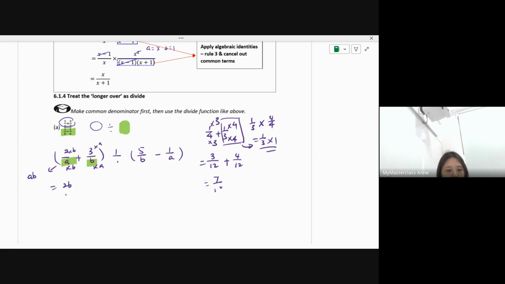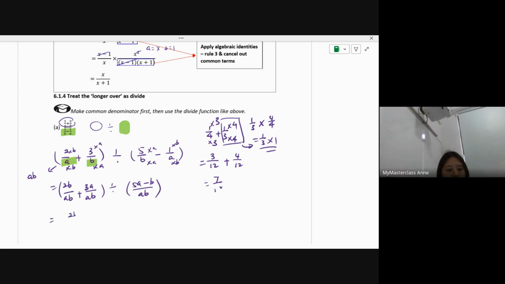2b, divided, b is b. 2b plus 3a. Divide, change sign, I need to flip.